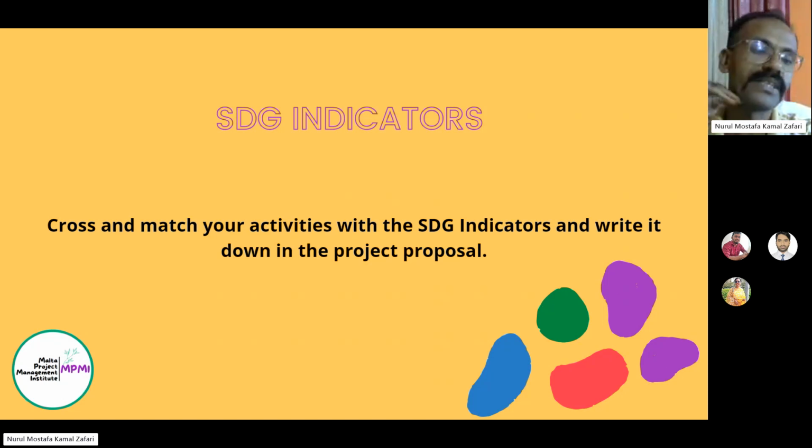You need to put this kind of information here. So for this, you as a project proposal writer, project developer or project designer need to have a very sound knowledge of SDG indicators.